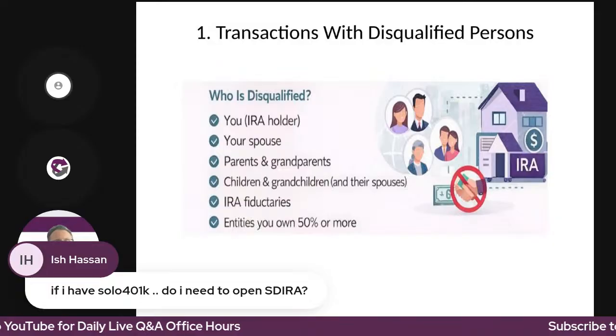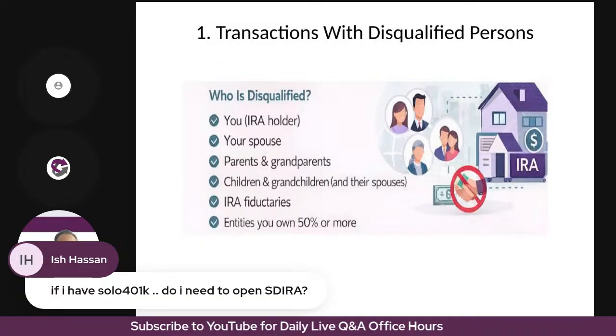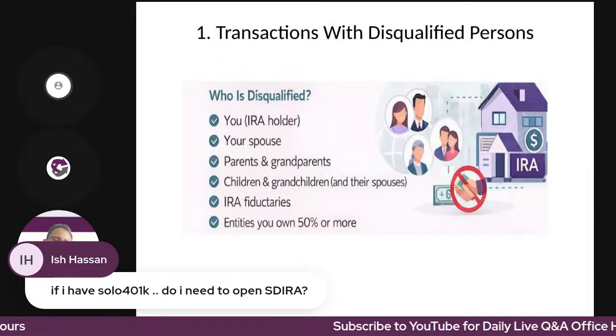Those are all disqualified persons, and also any entity in which you own 50% or more interest. So in short, you cannot perform transactions with your self-directed IRA with this list of parties.